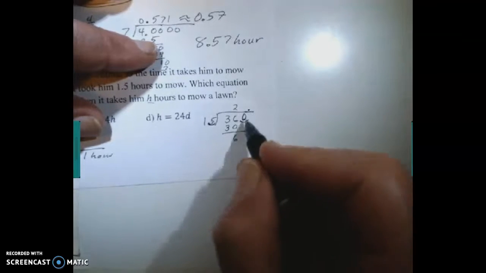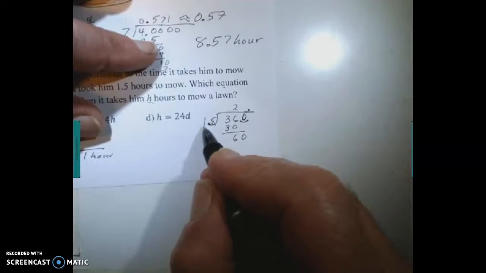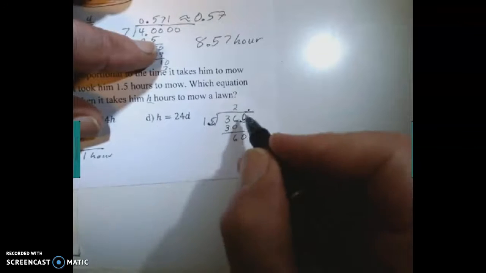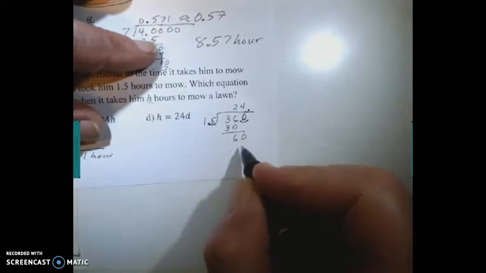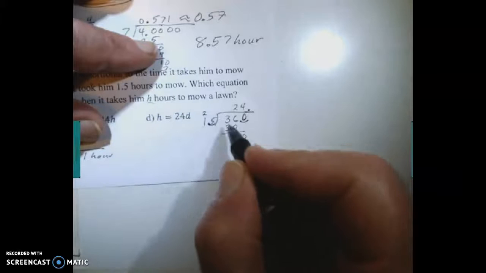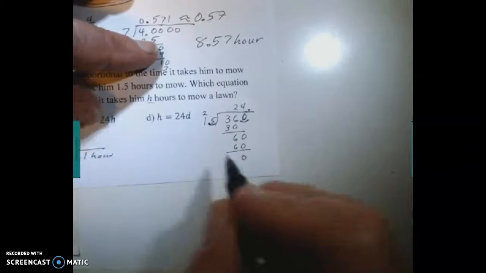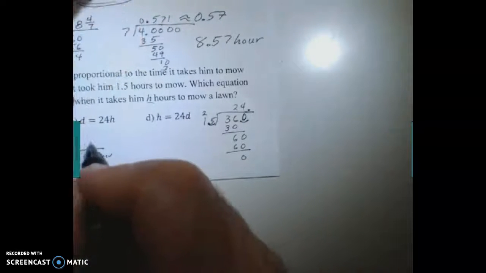Subtract, you get 6. Bring down your 0. 15 would go into 60. Well, that's twice as big as this. It must go 4 times. 4 times 5 is 20, carry a 2. 4 times 1 is 4, plus the 2, yeah, that is 60. Subtract, that is it.